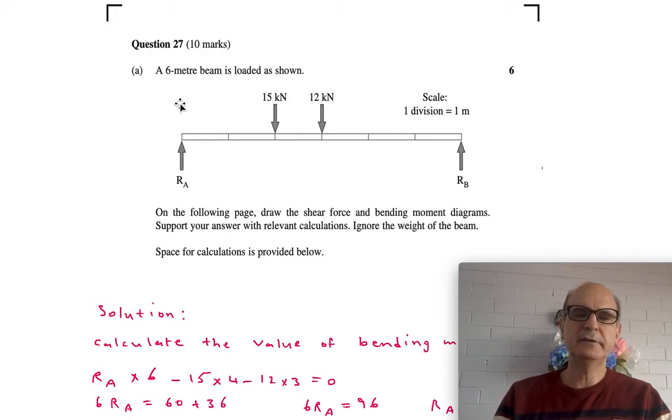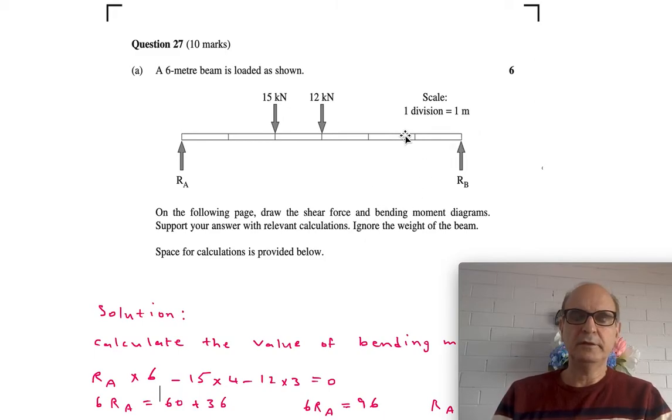And this is in clockwise direction, but 15 kilonewton and 12 kilonewton will have a moment in anti-clockwise direction. So we need to take them away. So RA times 6 minus 15 times 4, because 15 kilonewton is 4 meters away, and minus 12 times 3 equal to 0. So the moment here must be 0.